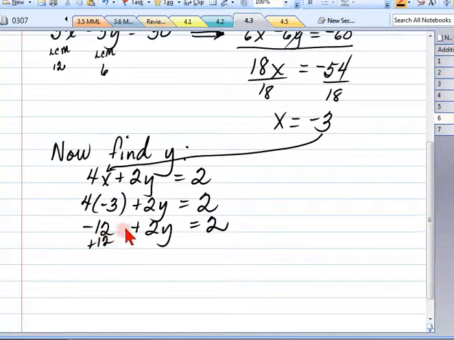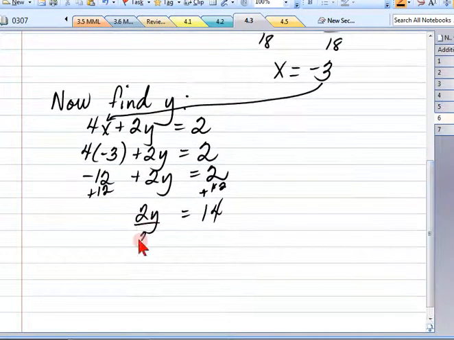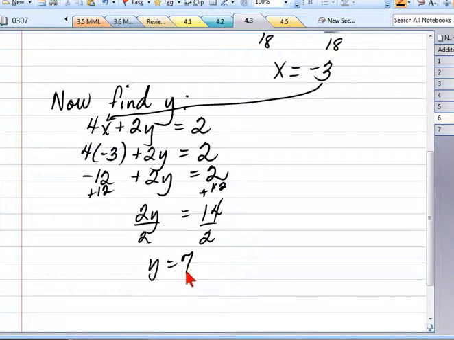Add 12. 2y is equal to 14. Final step is to divide by 2. And y is 7. It's messy, but -3, 7 is my ordered pair.